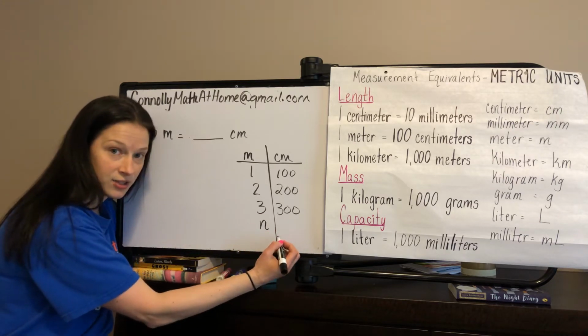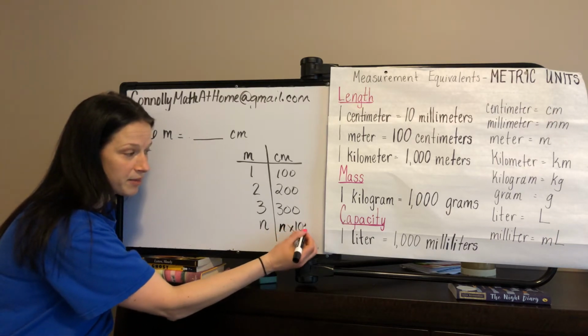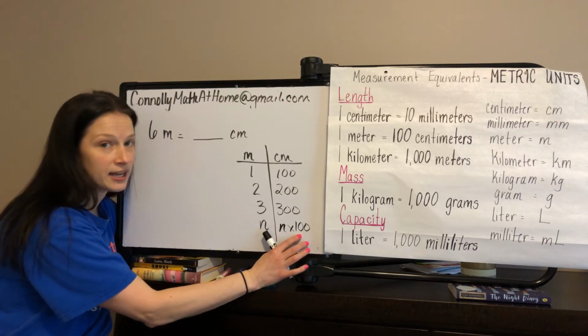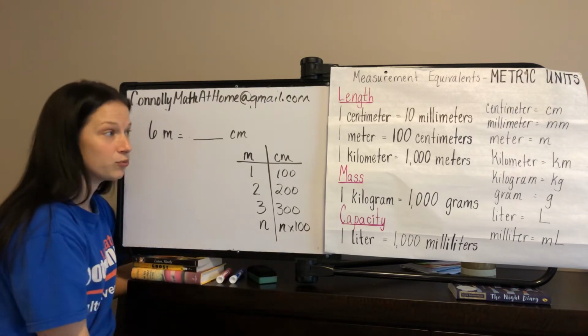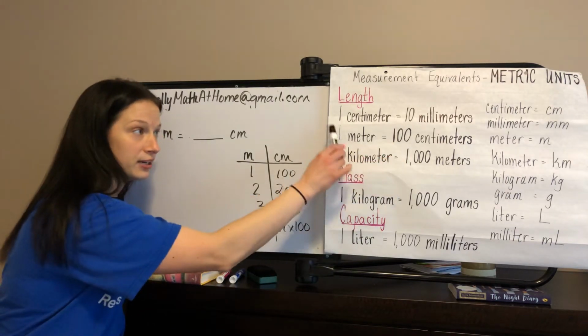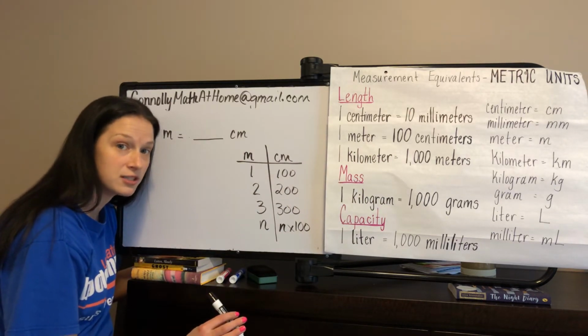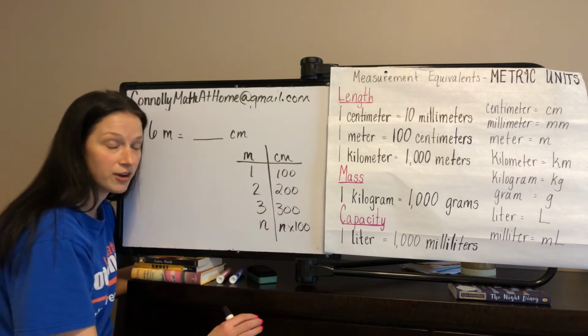And pause if you need a second to think. Each time you're thinking about multiplying the number of meters times 100, and that gets you the number of centimeters. So once you come up with a rule, and some of you can see the rule here, you don't have to do the input-output table, but it's helpful to develop the rules for what's happening in this table so you can solve for any number.